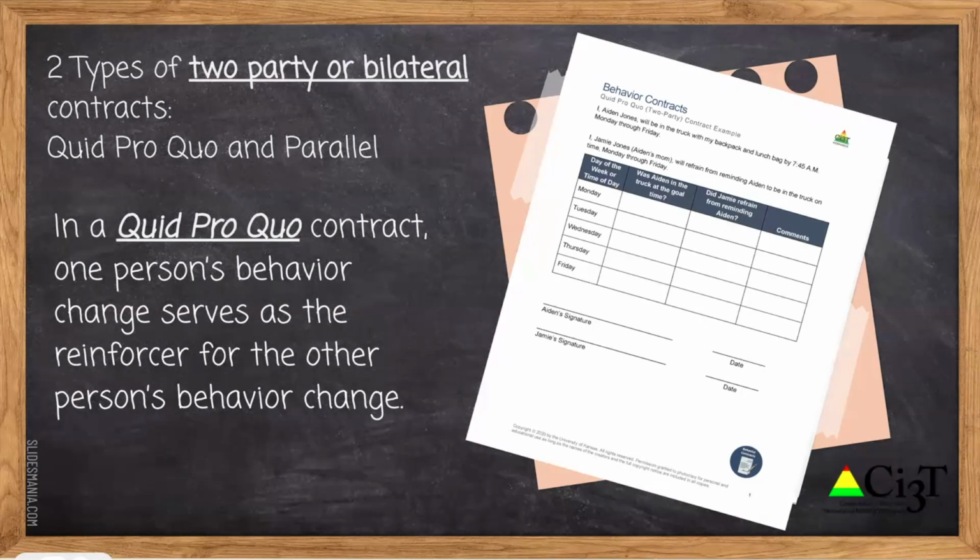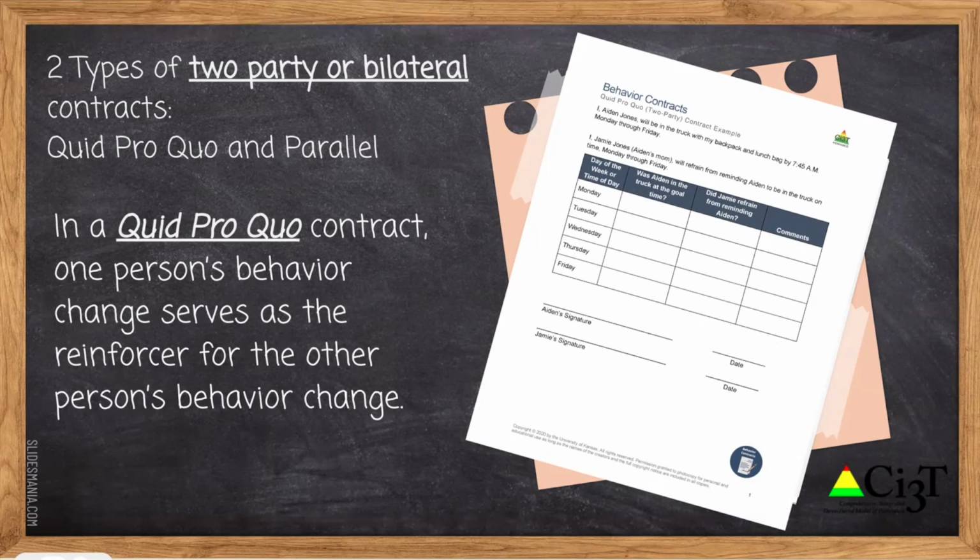This type of contract is where he says, I'll clean my room. That's the behavior I want to see. That's the reinforcer I want to see if I don't nag him or aggravate him about it.